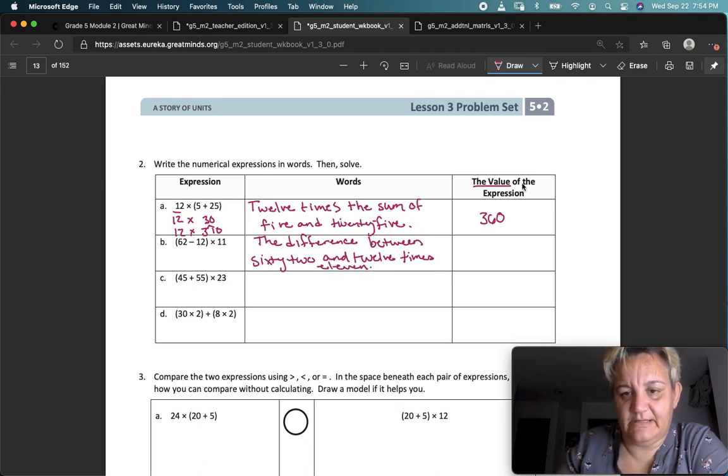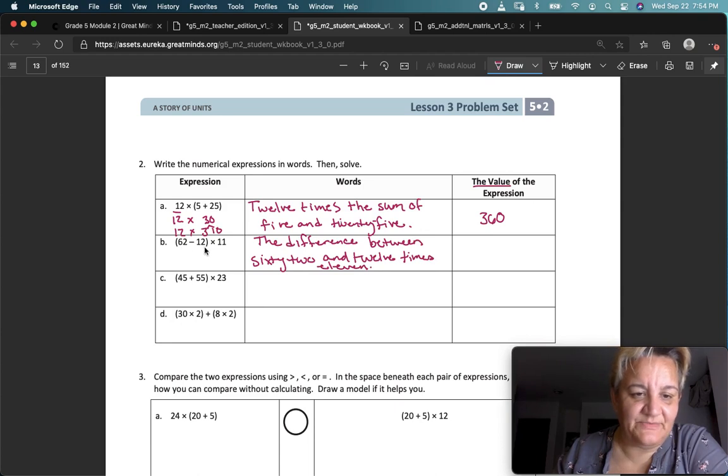All right. And let's solve that. 62 minus 12 is 50. You should be able to do that in your head. And 50 times 11 is, well, remember how we were multiplying those yesterday? 5 and 10. So 5 times 11 would be 55. Times 10 would be 550.